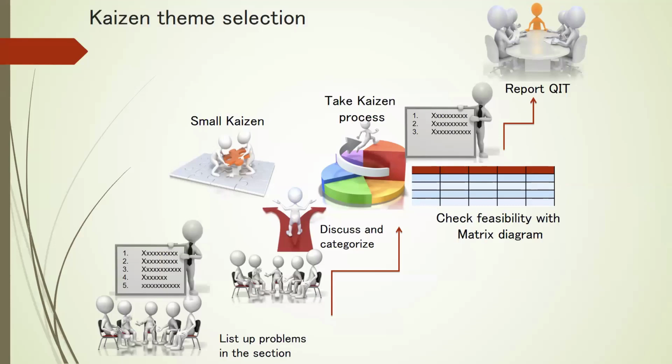I've just given a few examples. After you have listed all this, you ask yourself, is this something that you can do immediately? Does it require time? Are we going to finish it within a week, a month, or several months? We ask all those questions so that we can categorize into small Kaizen or large Kaizen.